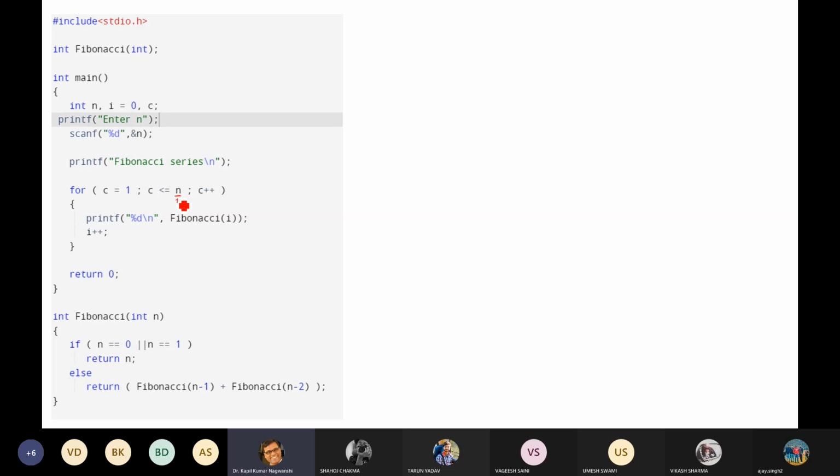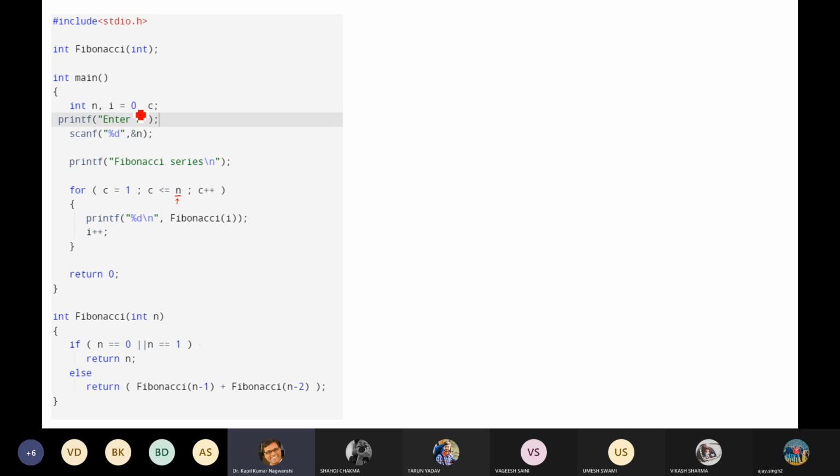If this n comes, it will halt here. But recursion will work infinitely if the base case is not provided. So we will see the infinite loop recursion also.